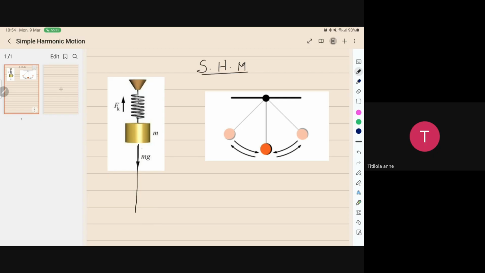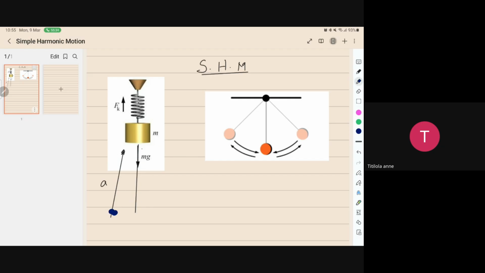I am pulling it down this way, but when it starts moving, it keeps going back to the equilibrium position. So the acceleration of the object will always be what? Opposite to the displacement, right? And that acceleration is directly proportional to the displacement.